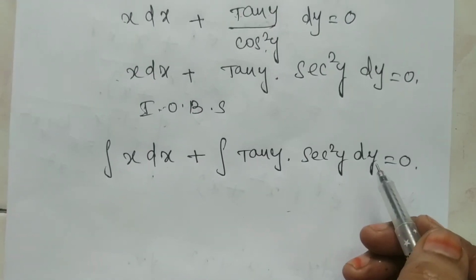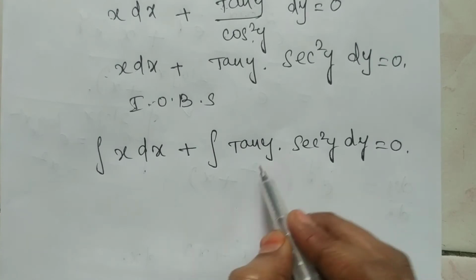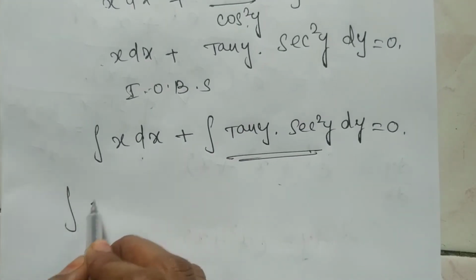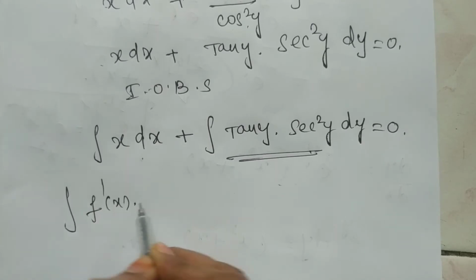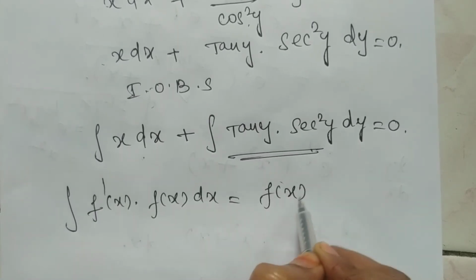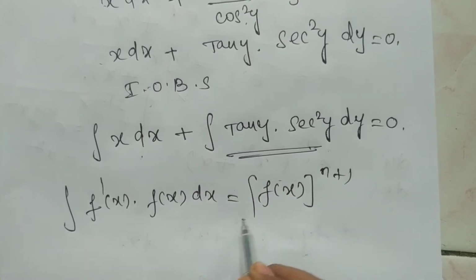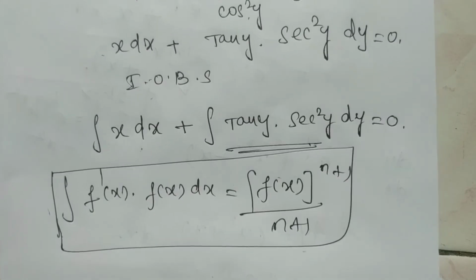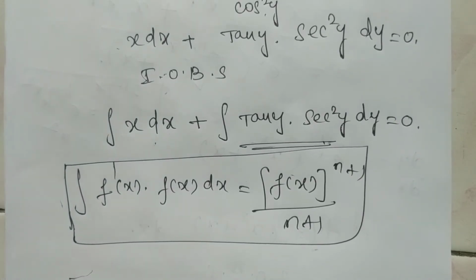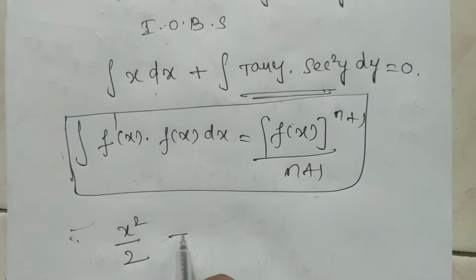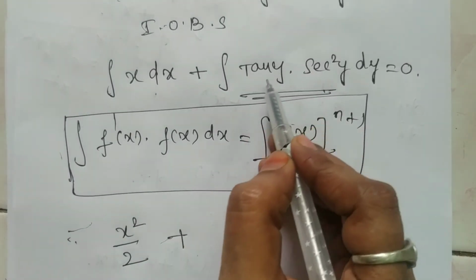So for integration of tan y secant square y, we use one formula, that is integration of f dash x into f of x dx equal to f of x whole power n plus 1 by n plus 1. Integration of x dx is x square by 2, plus integration of f dash x into f of x.